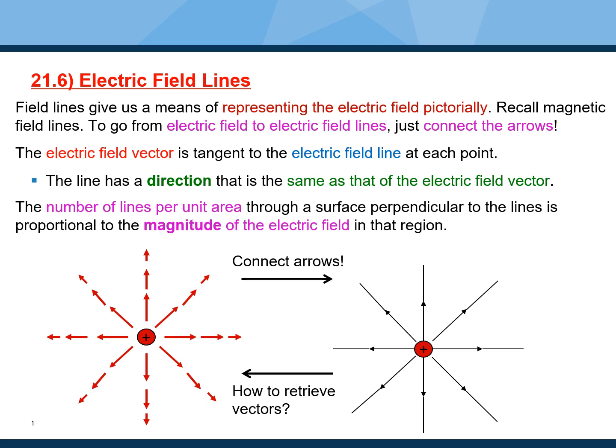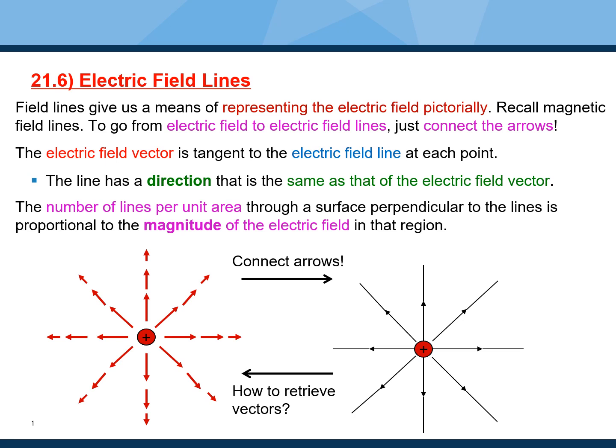In fact, we know from our study of bar magnets that there are magnetic field lines, which connect the north pole of the magnet to the south pole. So we anticipate that there should be something like electric field lines that give us a more accessible description of the electric field.